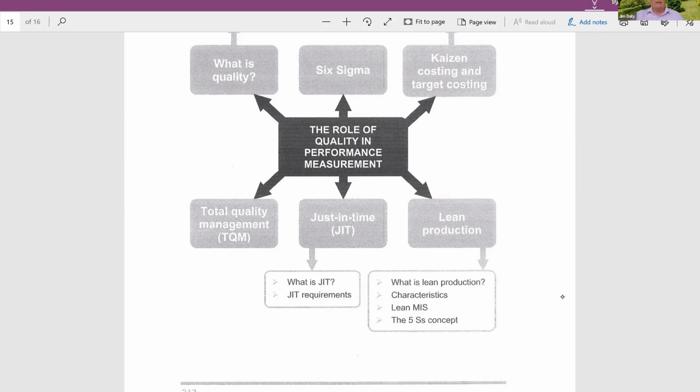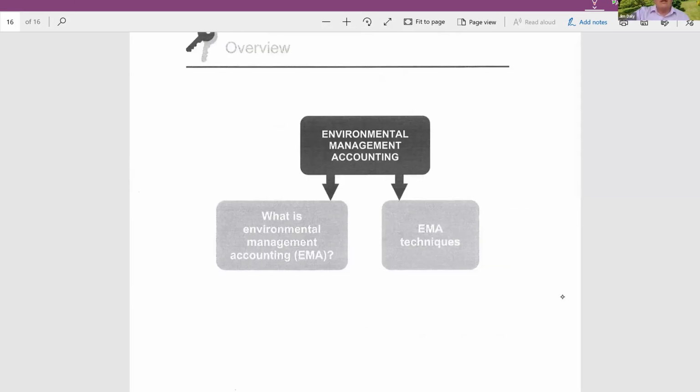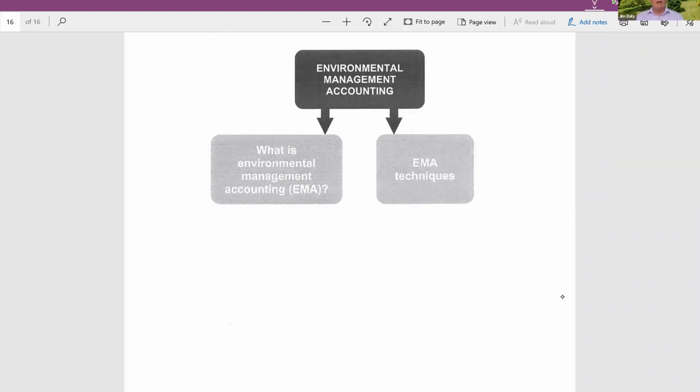So again, guys, just in looking at that one, it brings us then to the last bit of it. Okay, EMA. What is environmental management accounting and what are the techniques? There are 4 techniques we need to be aware of: input/output flow cost accounting, activity-based costing, and life cycle costing are the 4 methods that can be used when it comes to measuring environmental management accounting.